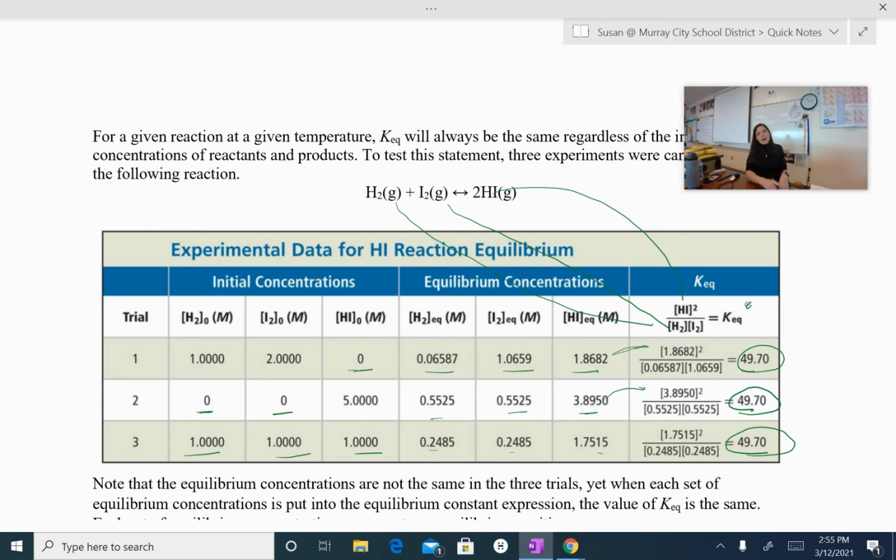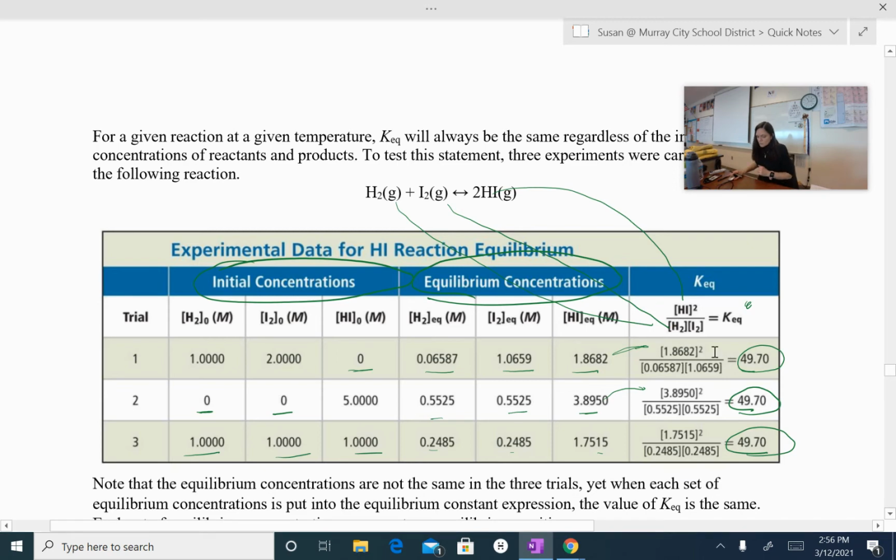That's why it's called a constant, because it doesn't change. Okay? Now, do you see this? We're doing initial concentrations and then equilibrium concentrations. Does that ring a bell from when we did weak acids and weak bases and we did ice charts? Yes, ice charts are coming at you again.